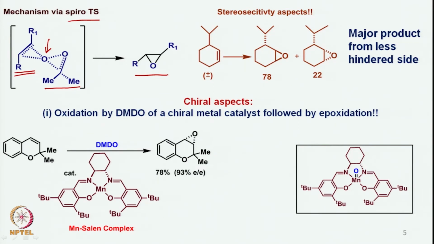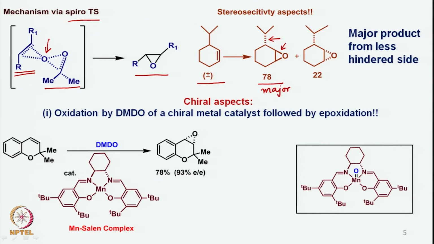For example, if we start with a molecule like this, which is racemic and has an isopropyl group as a substituent on the top, when the reaction is done, what is found is that the epoxide where the isopropyl group and the epoxide group are opposite to each other forms as the major product with 78% yield.